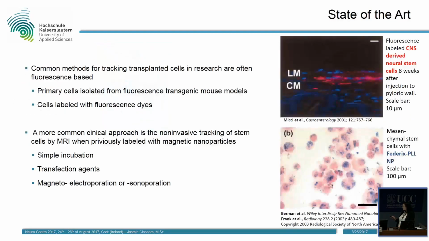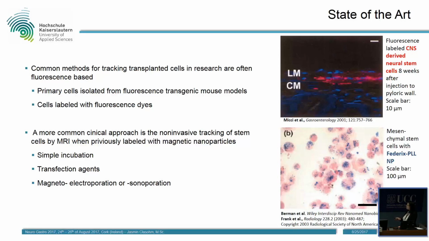And on these pictures here, you can see one example from Micci et al. from the year 2001, where they injected fluorescence-labeled CNS-derived neural stem cells. Eight weeks later, they were located between the longitudinal and the circular muscle layer.